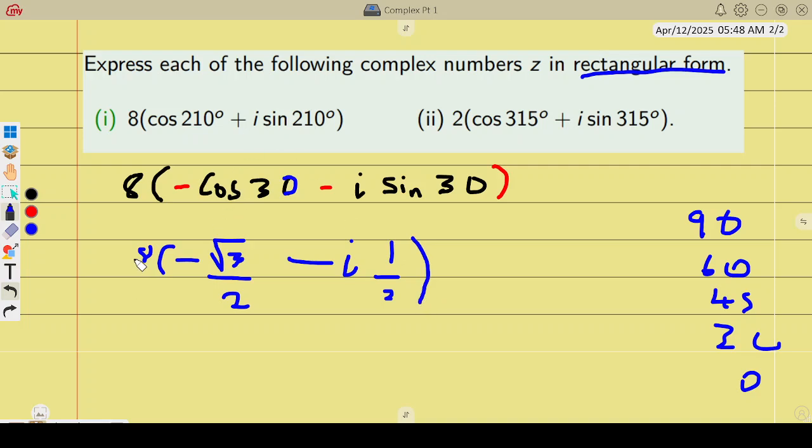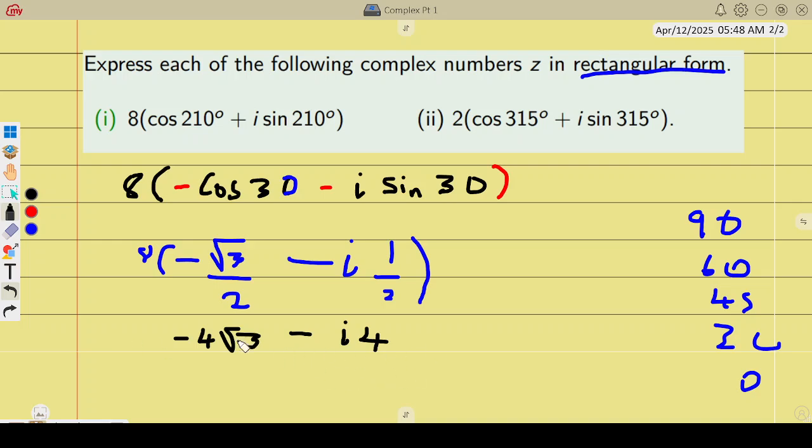Then we can multiply by the 8 outside. 2 into 2 is 1, 2 into 8 is 4. So here we're going to have negative 4 root 3, and then we have a minus I, and 2 into 8 is 4.